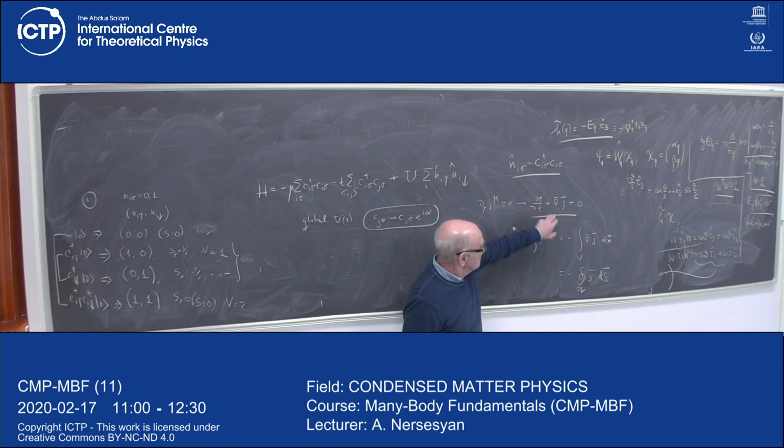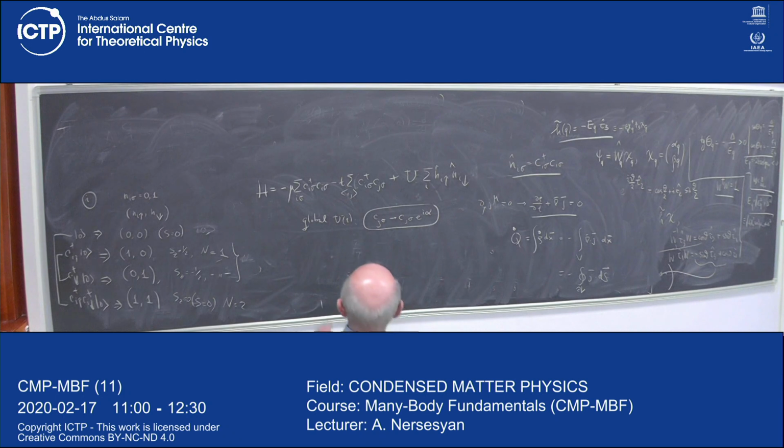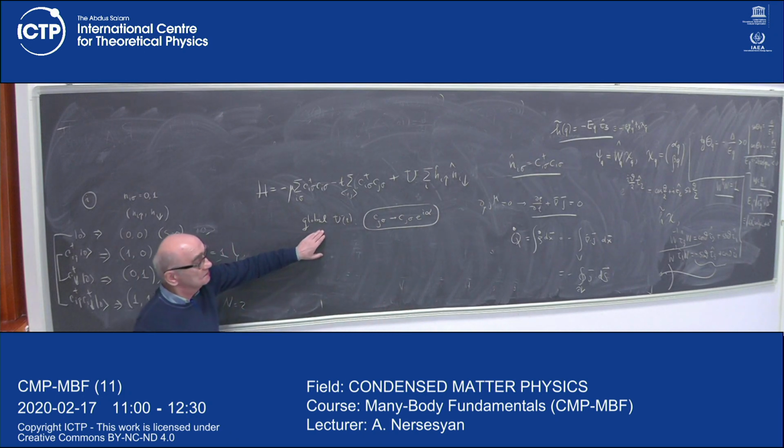And you come to the conclusion that the conservation of the particle number, which is the same as the existence of the continuity equation which describes all this, follows from the global gauge symmetry. It's a global gauge symmetry of the system.